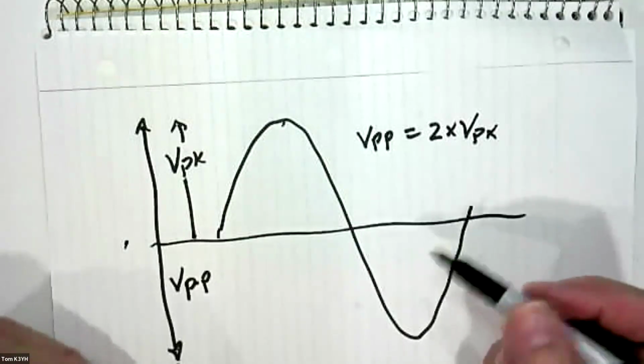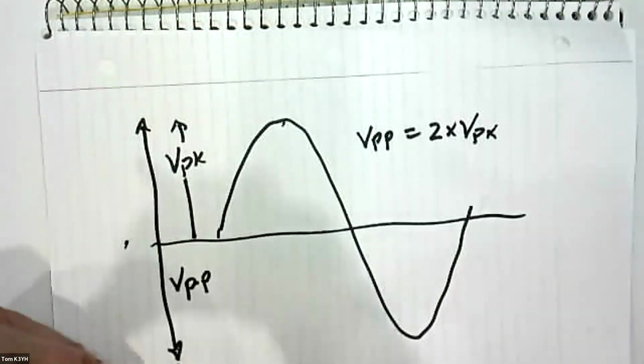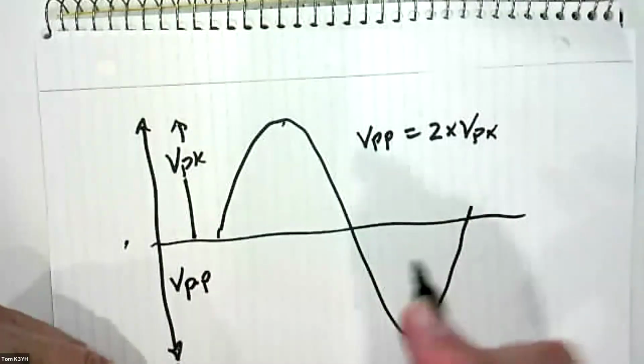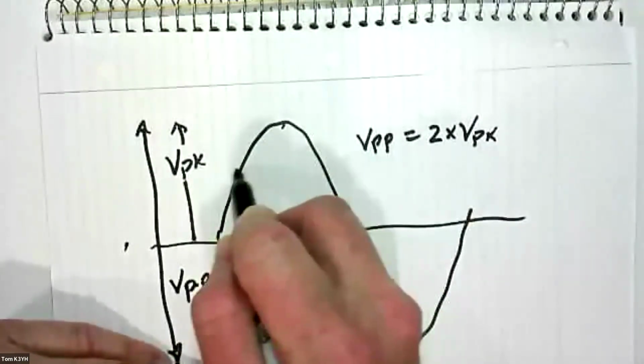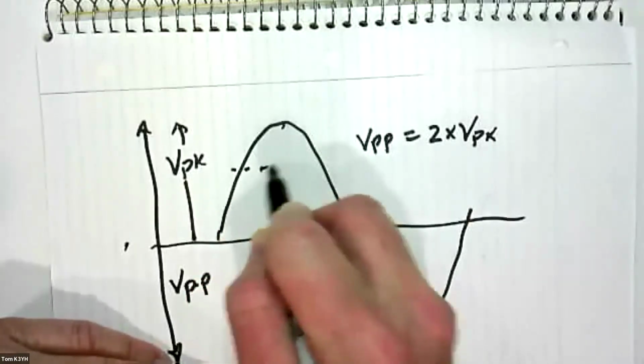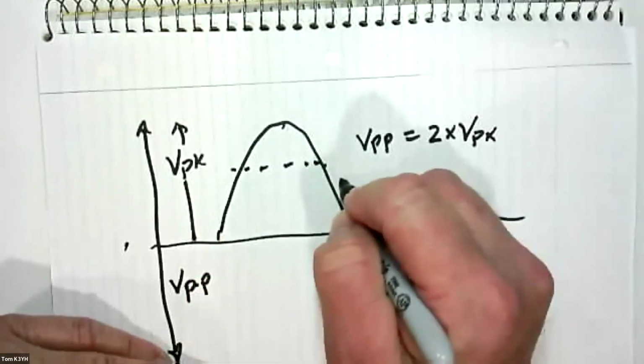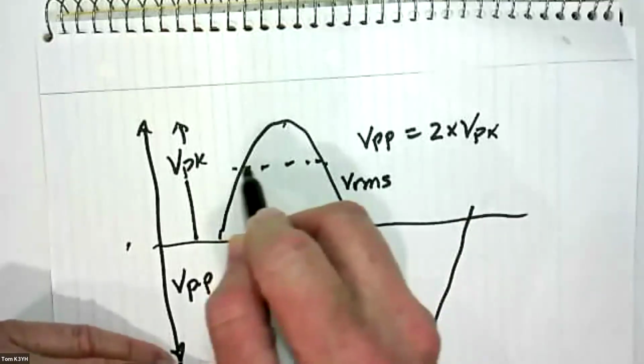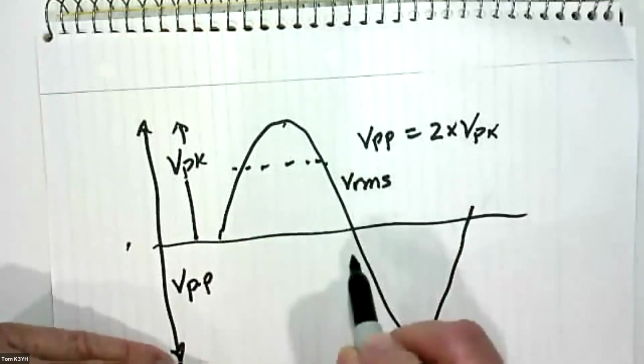Okay. So then we talked about there's this equivalent voltage that provides the same amount of heating as a DC voltage, and that's called the RMS voltage. Let me just draw this line here for VRMS. Okay. And this is only true of a sine wave.